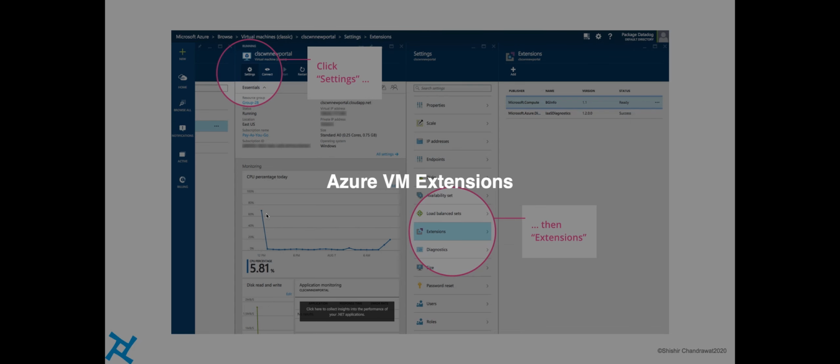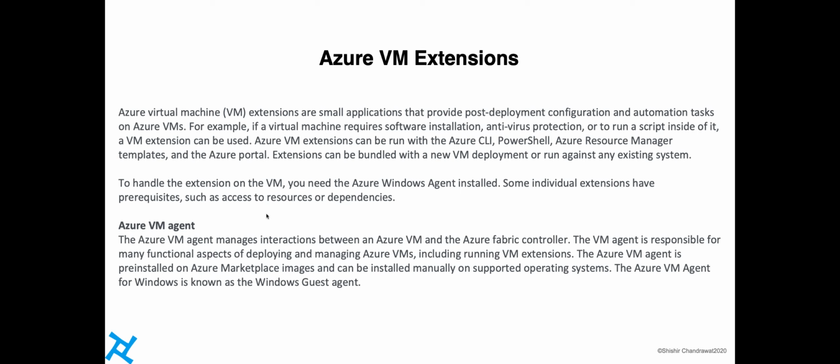Azure VM Extensions. Azure Virtual Machine Extensions are small applications that provide post-deployment configuration and automation tasks on Azure VMs. For example, if a virtual machine requires a software installation or antivirus protection, or to run a script inside of it, a VM extension can be used.